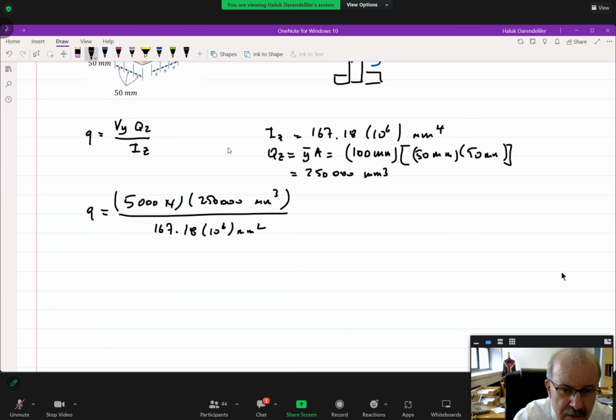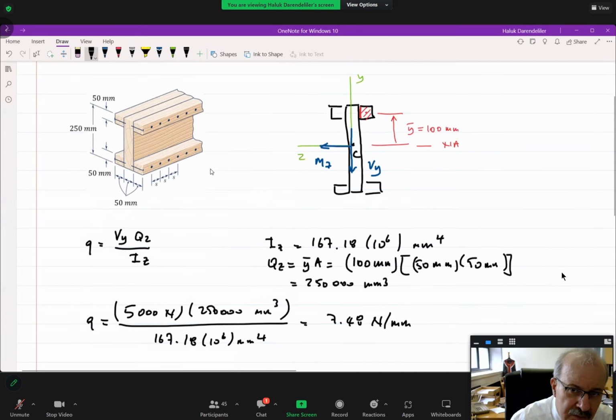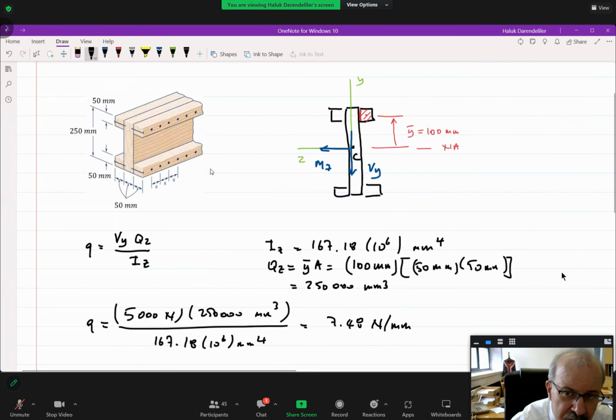So from here, what you get is 7.48 newtons per millimeter. Friends, this is the shear flow on the plane shown by this red line.